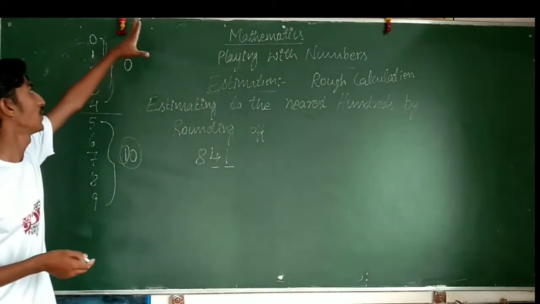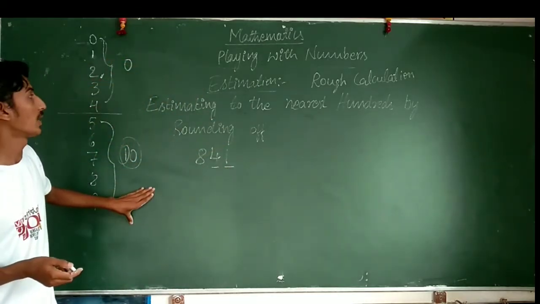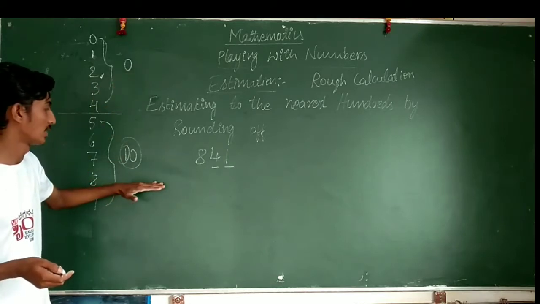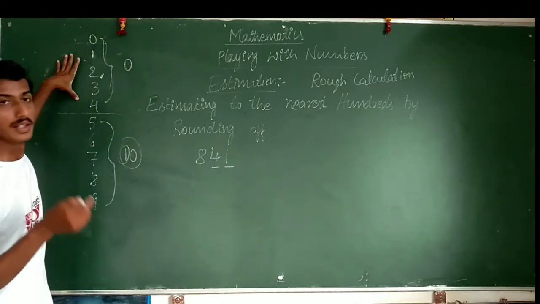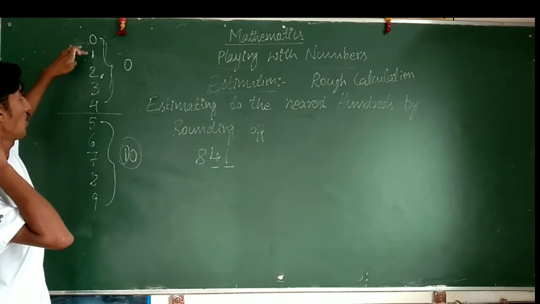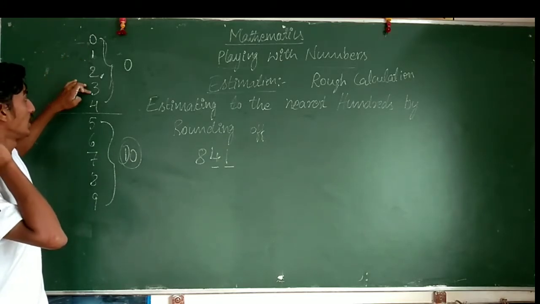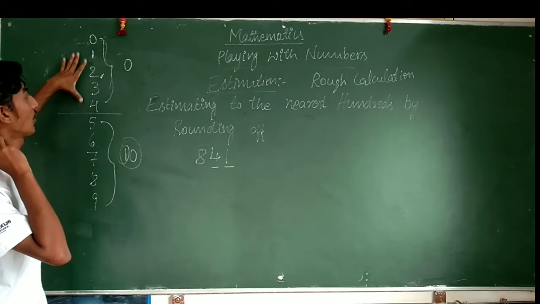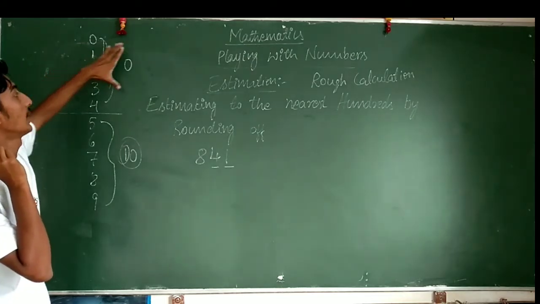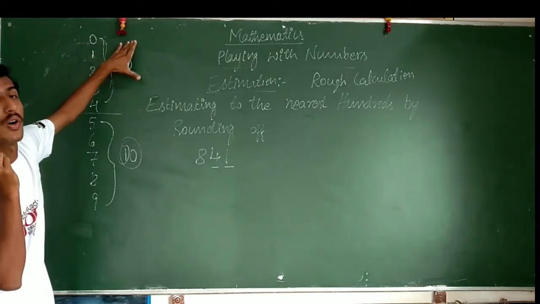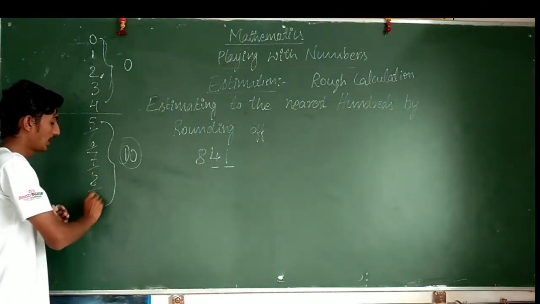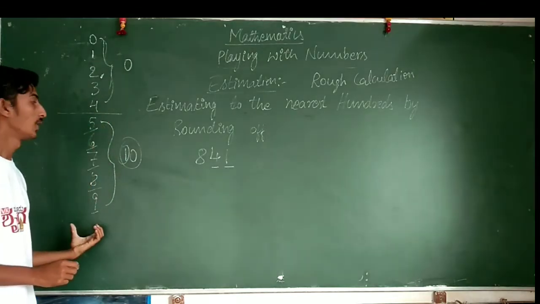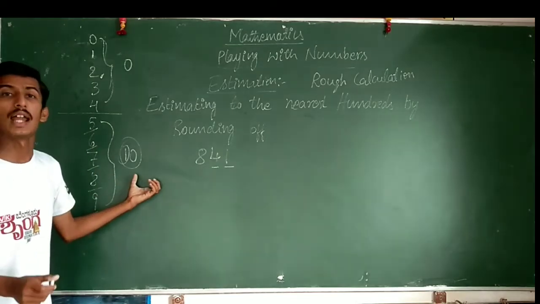By the use of the two divisions: the 0 division and the 10 division. In the 0 division there are 5 numbers: 0, 1, 2, 3, 4. Whatever their values, we take it as 0. Similarly 5, 6, 7, 8, 9, these numbers we take as 10.